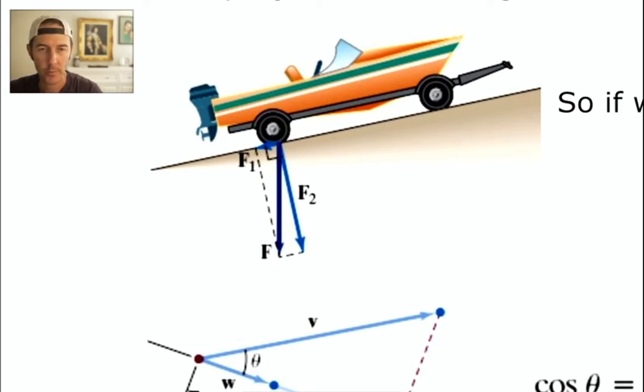F2 is the normal force because it's perpendicular to the ramp. And F1 is the amount of force being exerted on the boat in the direction that goes off to the left down the ramp. And we have been given various pieces of information that fit into this diagram and then asked to find the remaining pieces of information.